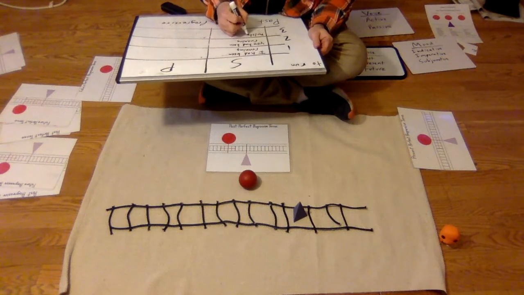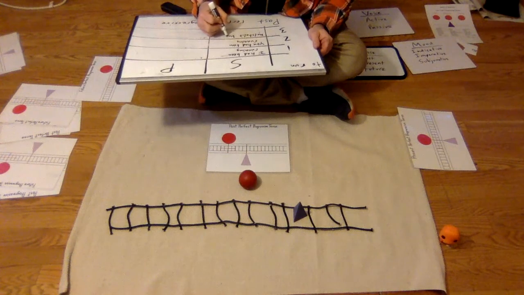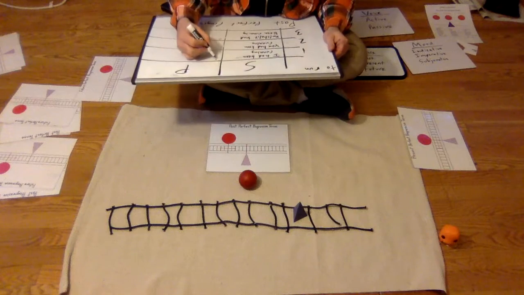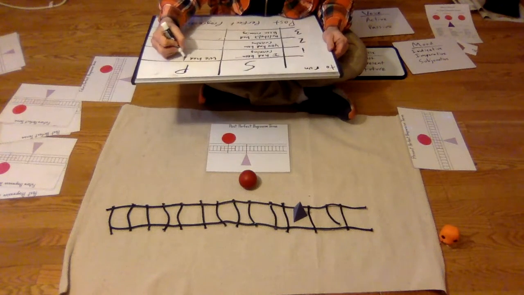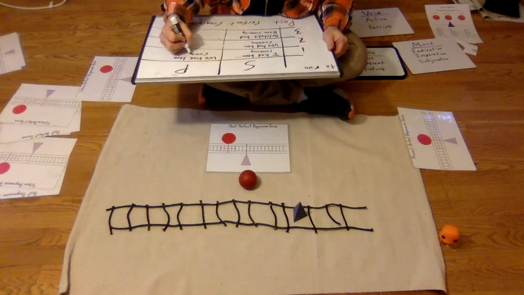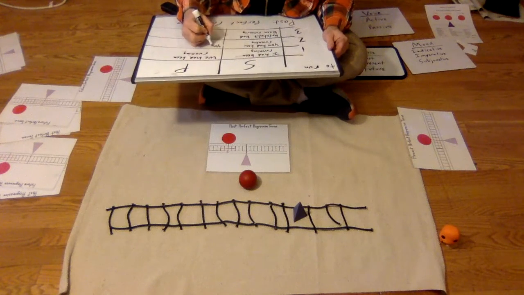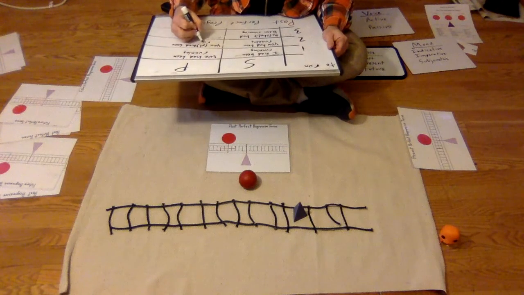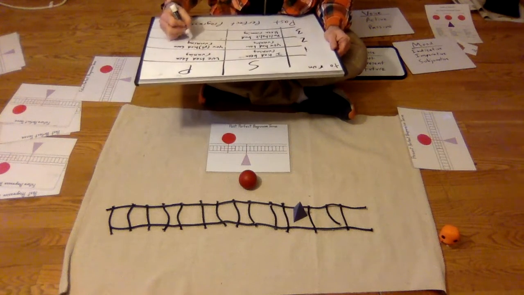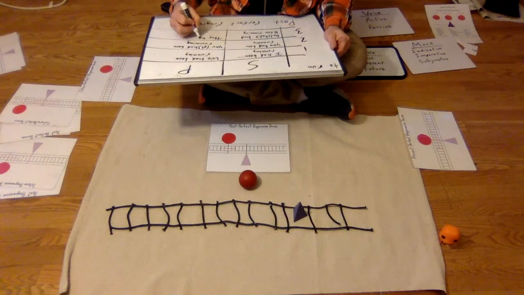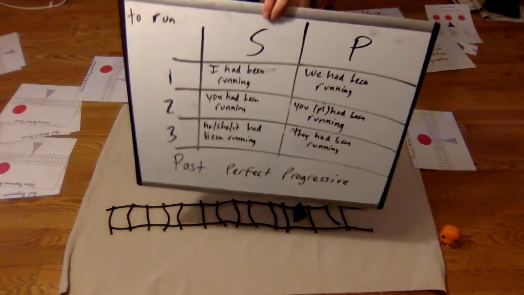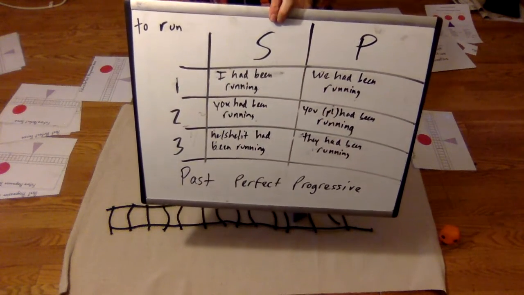He, she, it had been running. We had been running. You, plural, had been running. And they had been running. So this is the past perfect progressive of the verb to run.